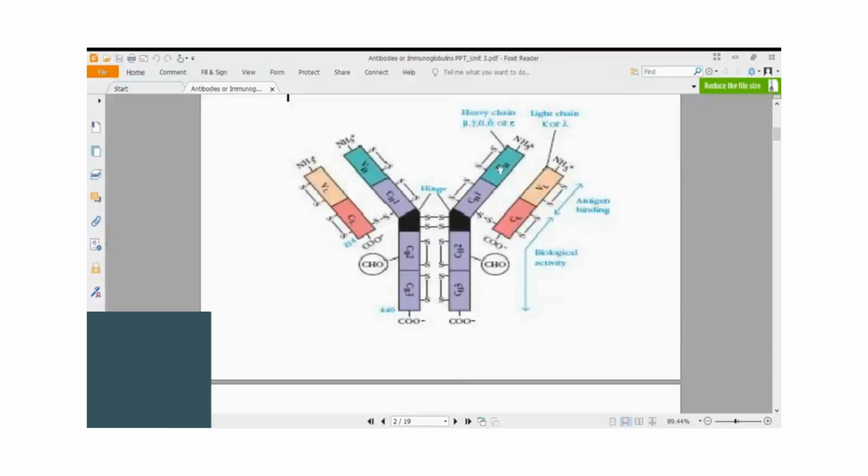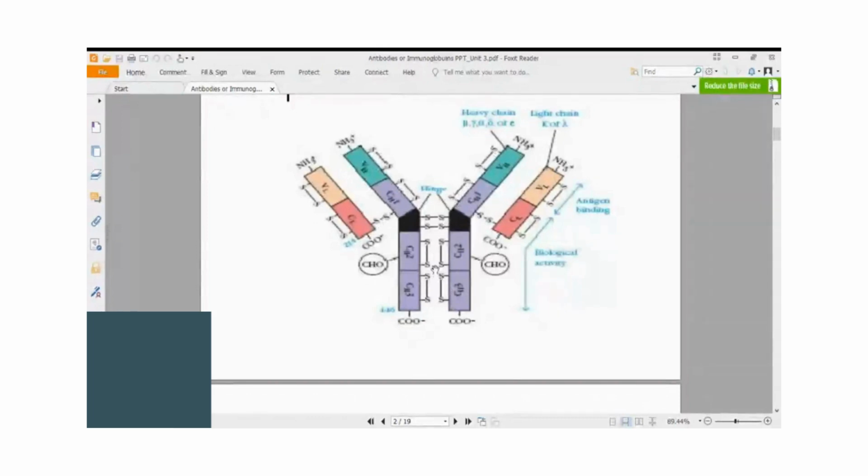The heavy chains are held together by two disulfide bonds. Minimum is 2, and it can extend up to 11. So two disulfide bonds are there, and then there are intra-chain disulfide bonds in each of the chains. These intra-chain disulfide bonds, SS, are established between cysteine and cysteine.